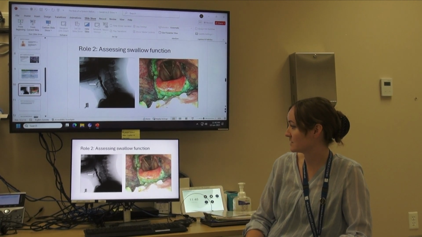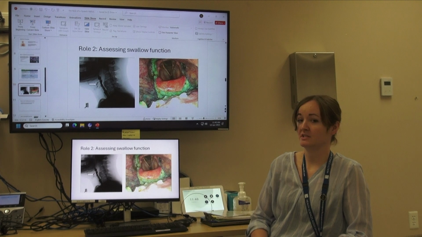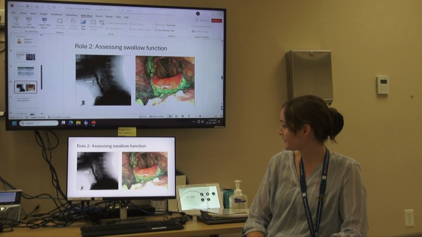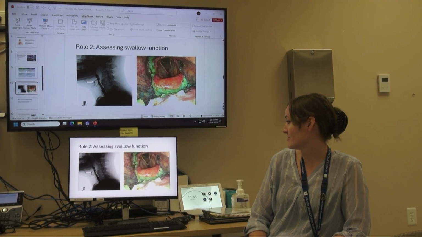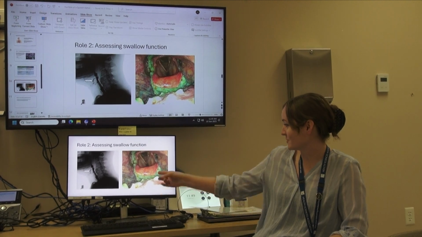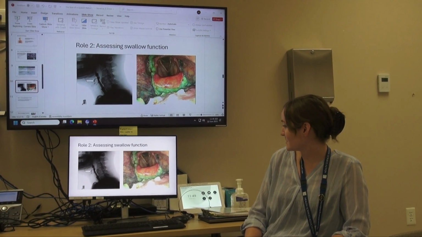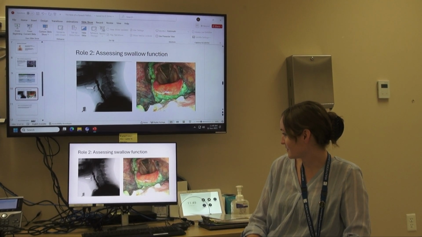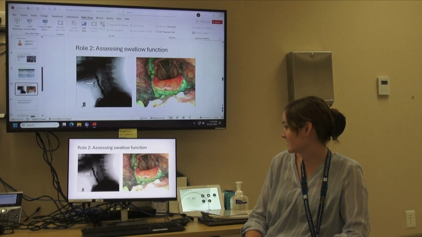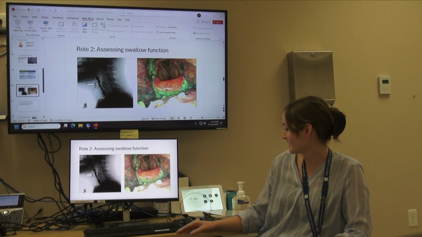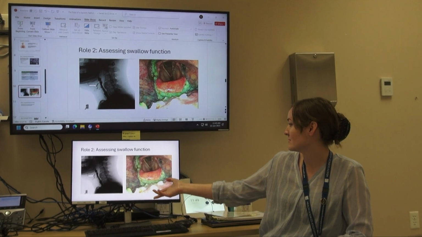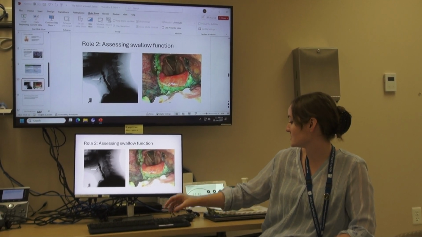This is a good way to pick up on any structural issues that we might need to refer on to ENT for. And we can see how much residue gets left over in the throat. So this person will have had some possibly applesauce with green food dye, and after the swallow, it is not gone from their throat. So this might be a bit more of a problem for someone as they're eating solid foods or very sticky foods.